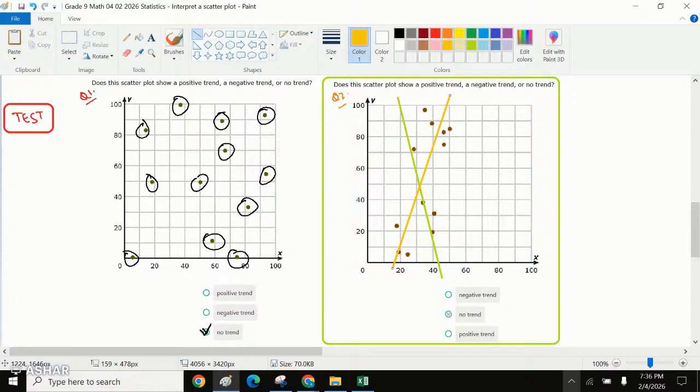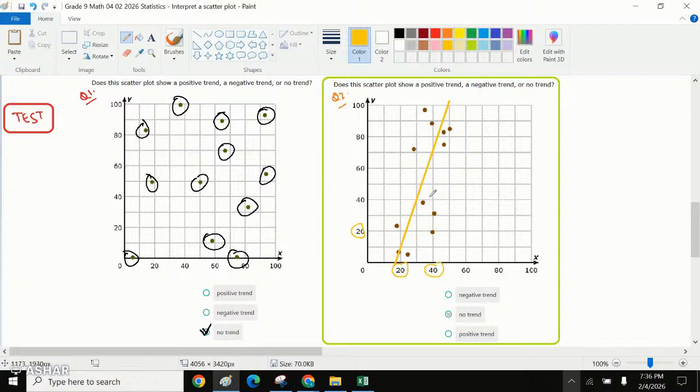So which option should be correct? Yes, thank you. Positive trend is correct because the line is passing in this direction, which is passing through the points. That means, or we can say, if this was 20, this was 22, let's suppose.